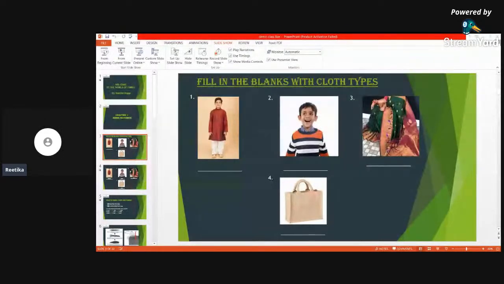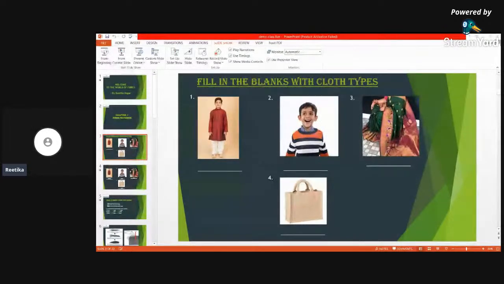Yes, children. What is the first figure? What is the material used in the first figure? Shweta, silk is not the correct answer.